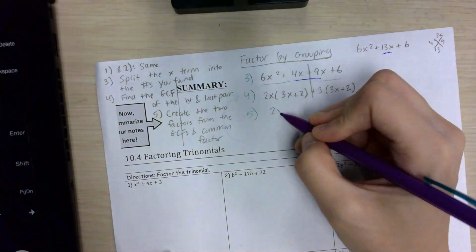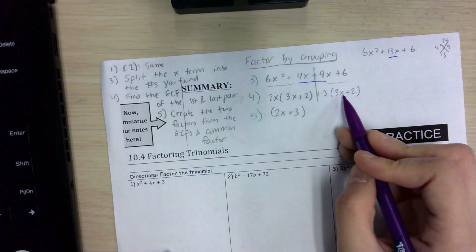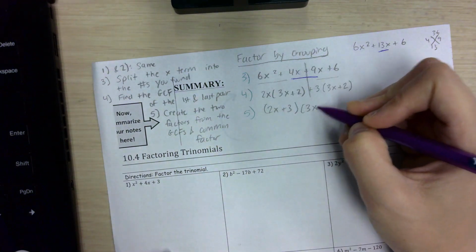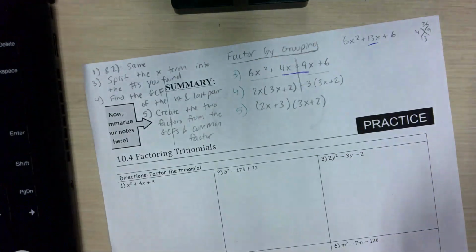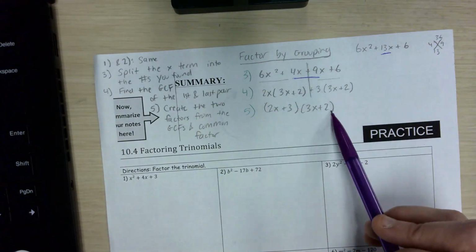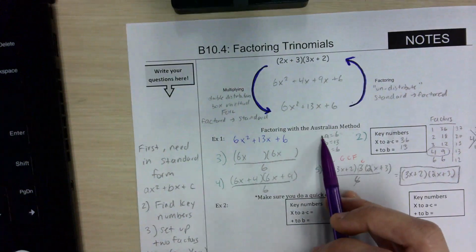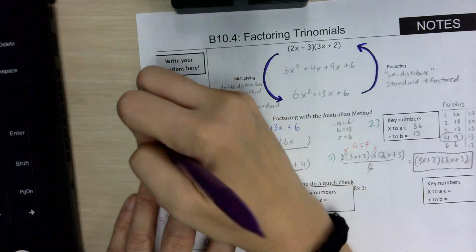So we have 2x plus 3. And then these are already a common factor, so we're going to just set that aside. And so here we have, this is standard form to factored form. So this is factor by grouping. That's a vocab word. And this is factoring with the Australian method. I'm going to make this a 1.